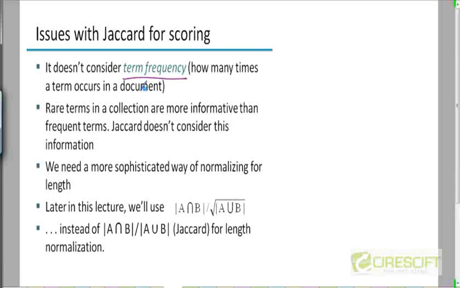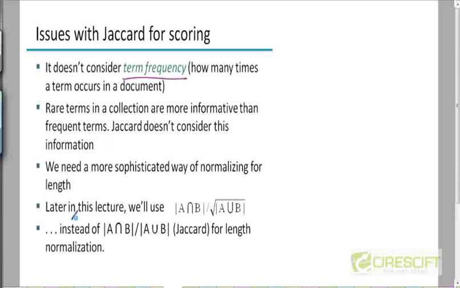If there's a document which mentions the word India just in passing once, that's probably not as relevant as another document which may mention the word India 100 times. And the Jaccard scheme does not look at the term frequency at all. That's one drawback.